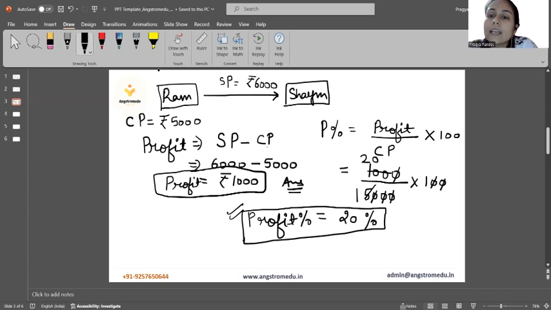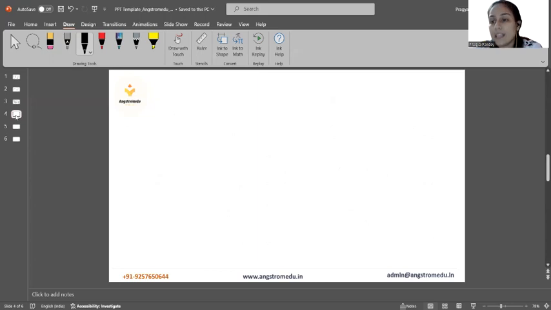Now moving on to the next thing, if I want to find out the loss, how are we going to solve the question when they ask us to find the loss percentage? So moving on to the next thing, that is loss percentage.